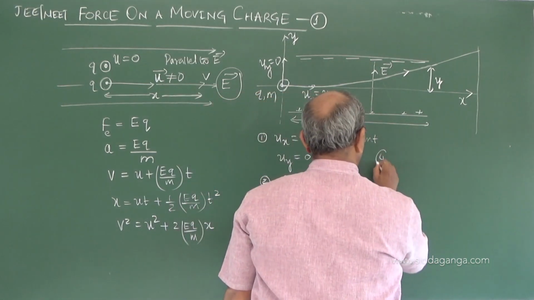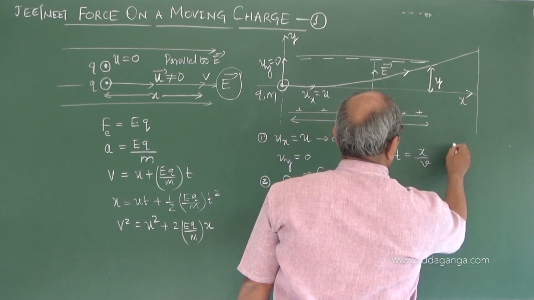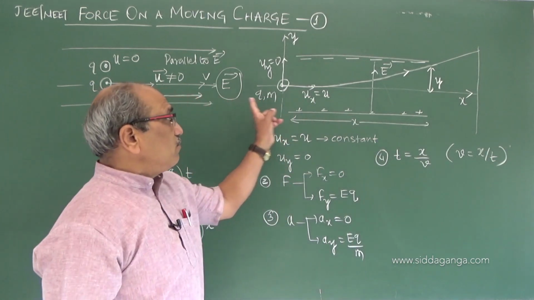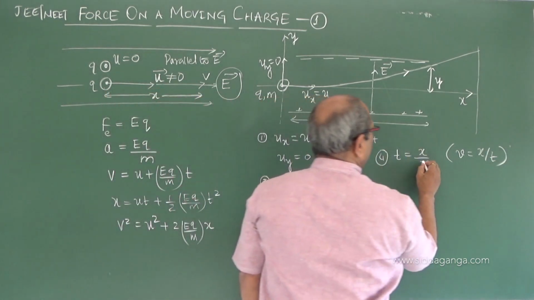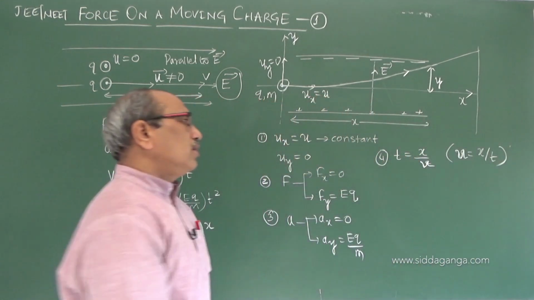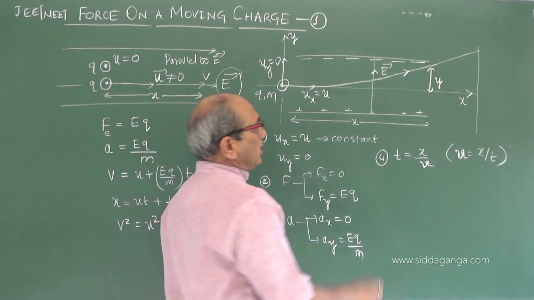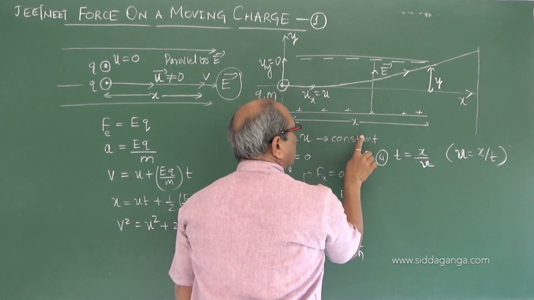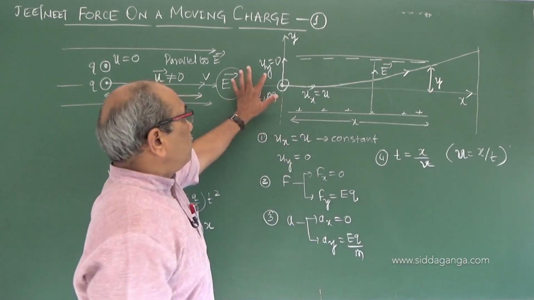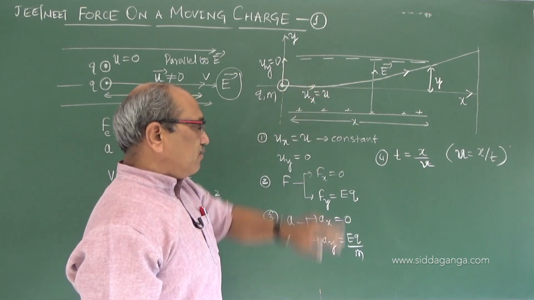And fourth, the time taken to travel, t, can be written as x by v, since v is equal to x by t. The particle is moving with uniform velocity. If it is u, I can write the initial velocity remains the same, u equals x by t, or t equals x by u. During that time, the particle covered some distance along the y-axis in the field direction because of the acceleration, or force, it experiences due to the electric field.